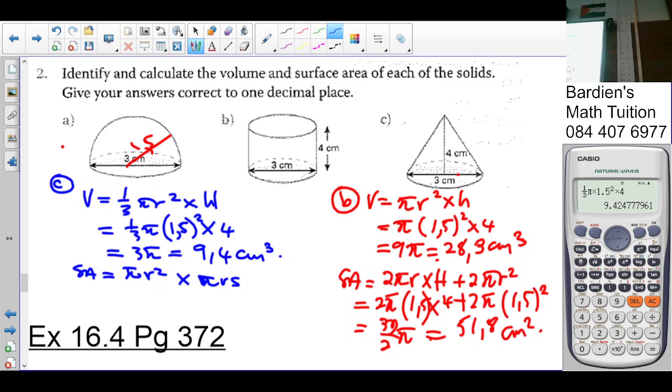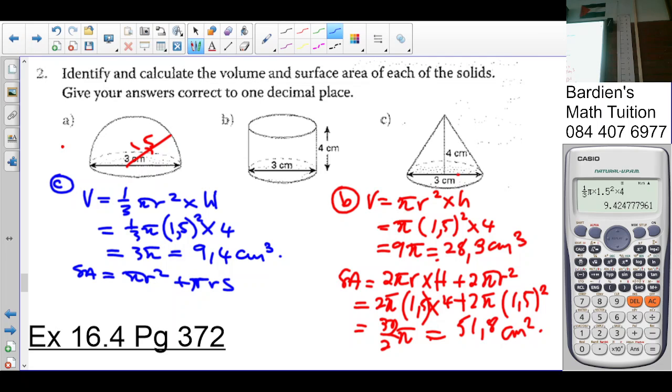Otherwise, you can write it as pi r is a common factor, and I'm left with r plus s. Is that it? You all agree that both are the same. So it's going to be pi r squared plus pi r s.